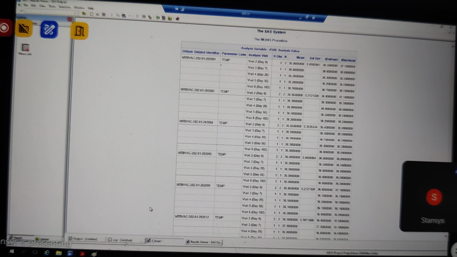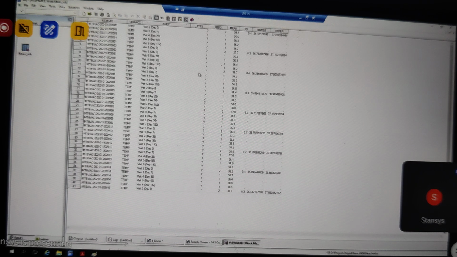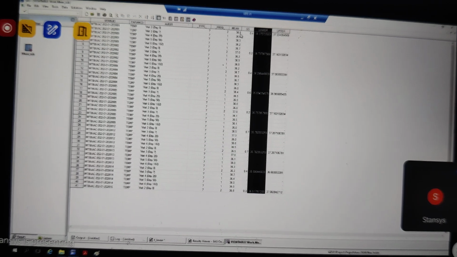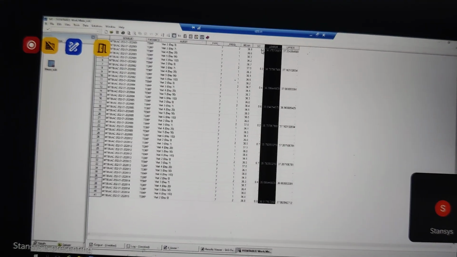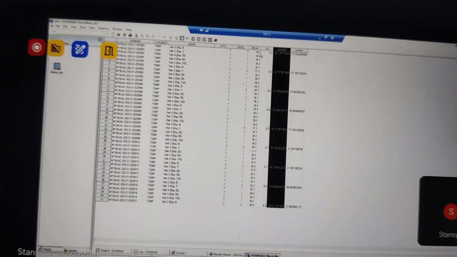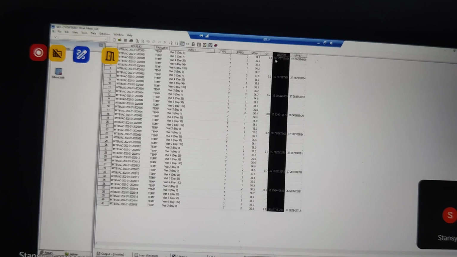If you can see the lower value, SD is 0.4, so the lower is 36.8 minus 0.4. How much is the lower value? 36.3.